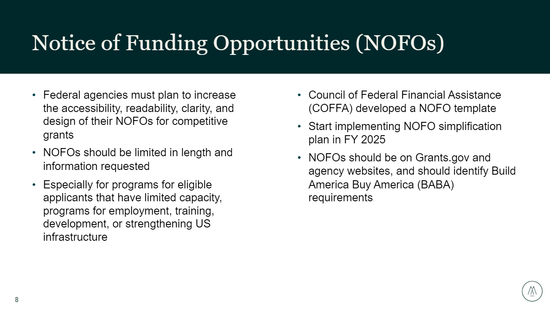The overall plan is to really increase transparency, equity, readability, clarity, and allow for a more competitive environment, not only applying these items to the NOFOs, the Notice of Funding Opportunities, but also reducing the burden overall.